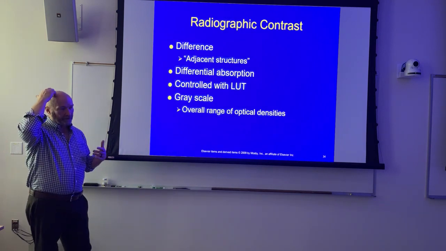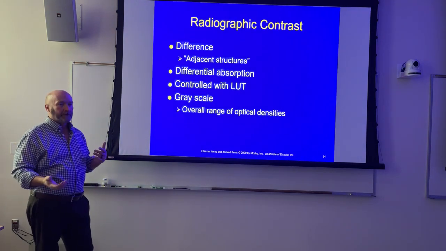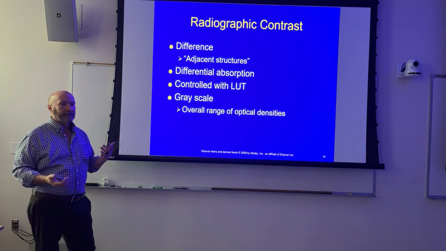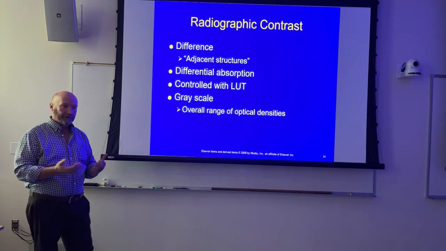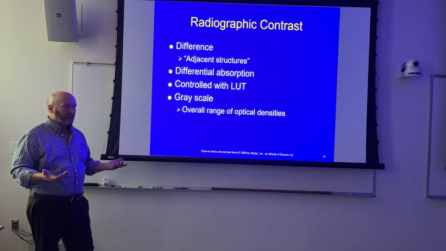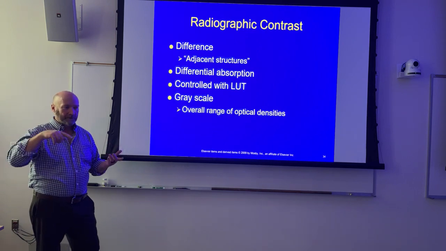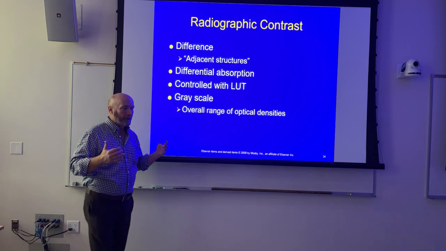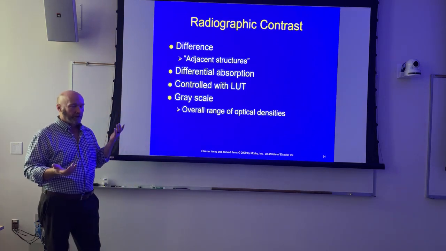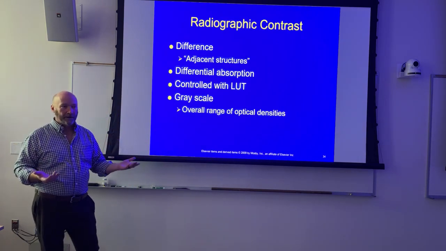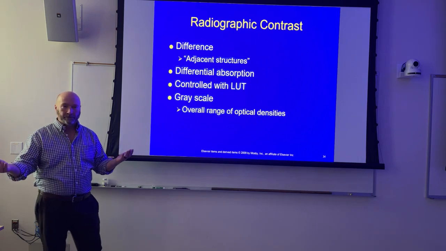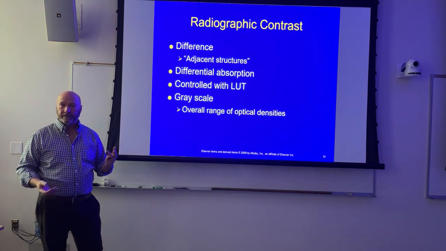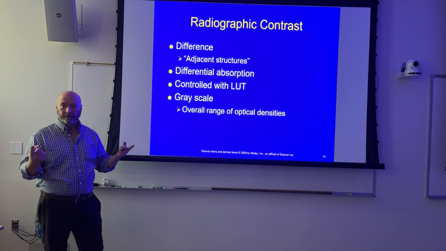kVp, the reason that we've always used kVp to affect control in contrast is because kVp controls your differential absorption. I think I drew a step wedge on the board earlier in the semester. If you make an exposure where the only thing you can penetrate is air, and you've got air, soft tissue, and bone, then really the only thing you're going to see is air and not air.